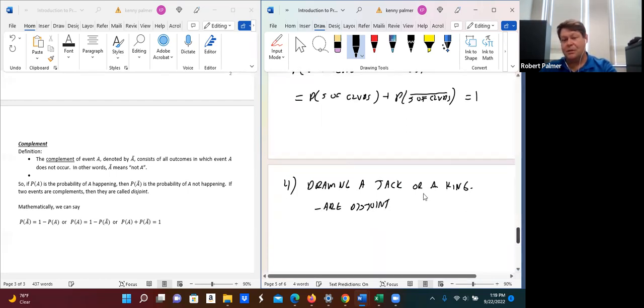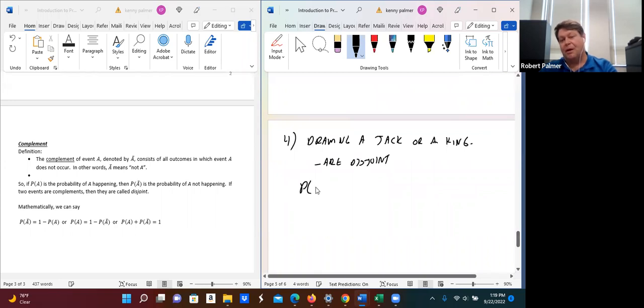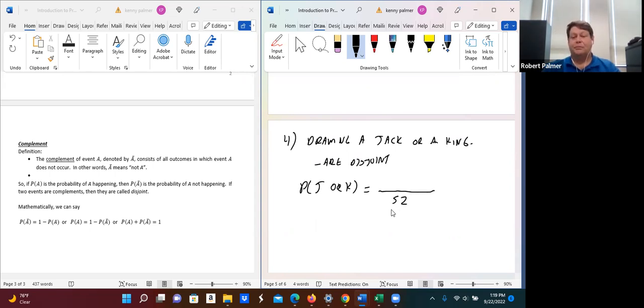So let's think about this. So the probability of, I'll just put J or K, just abbreviate that. Let's think about the possible outcomes I want. So once again, in one draw, we have 52 possible outcomes. Okay, so how many jacks are there? Well, there are 4 jacks. I'd be happy with either one of those.